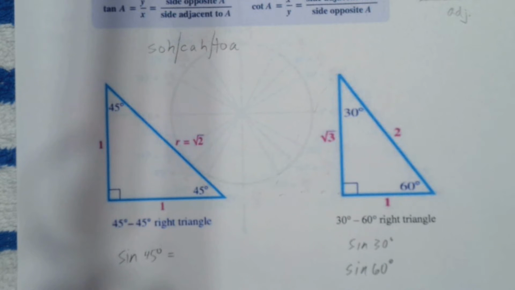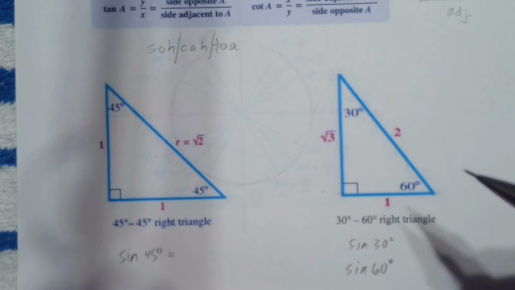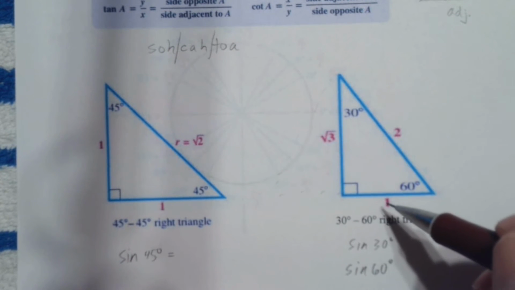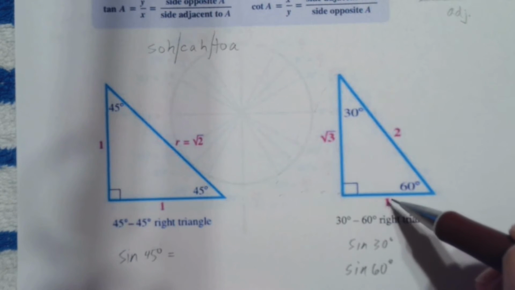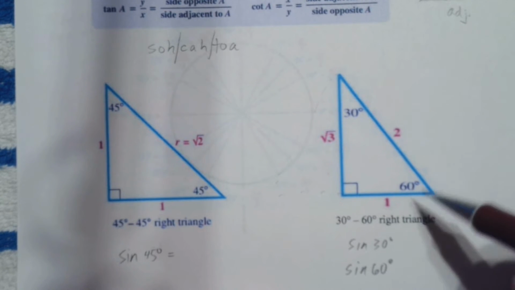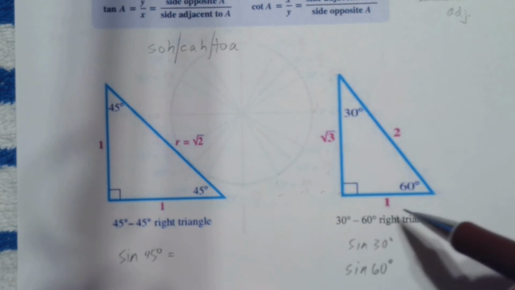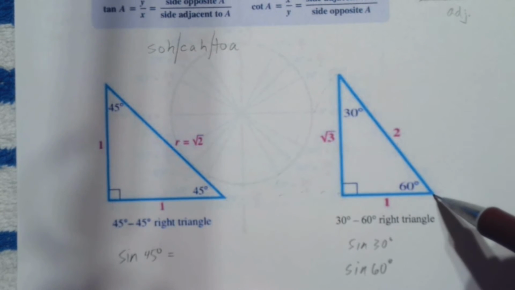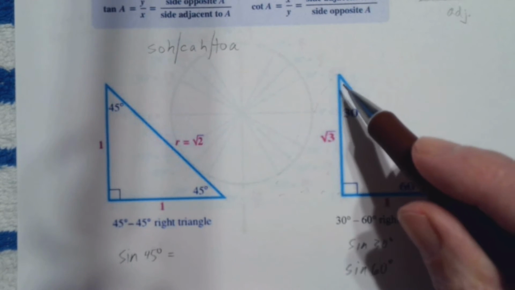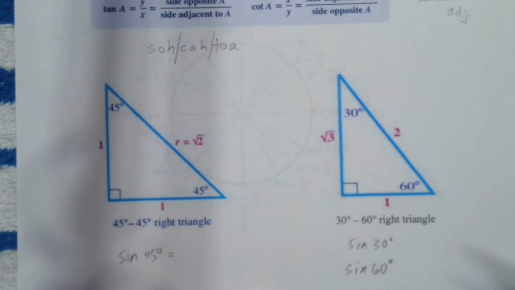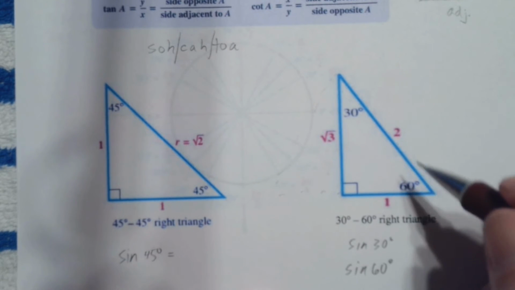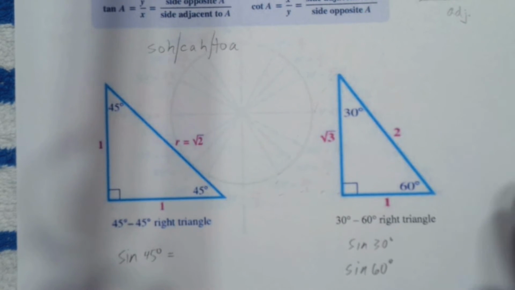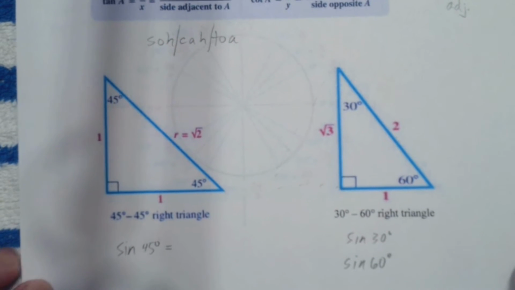Actually, you can go back and see how we got these sides, but what really matters here is knowing the relationship. The smaller leg, if you double that, you get the hypotenuse. And if you take the smaller leg and multiply it by the square root of 3, you get the length of the longer leg. Alright, so these are the two special triangles that you should get to know if you don't already know them.